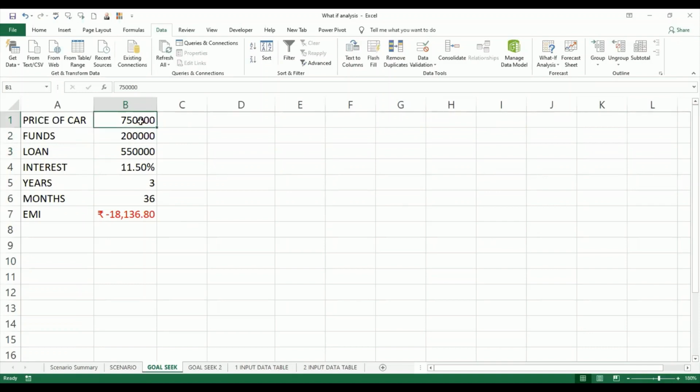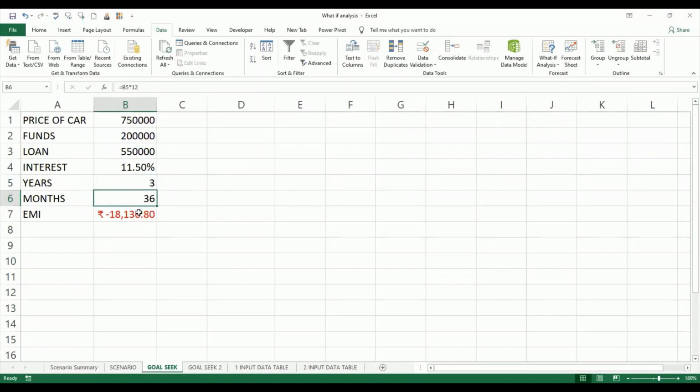Here there is a formula, where the price of the car is subtracted from the funds that I have. After that, interest. After interest, duration, how many years? Again, the years are divided into months because we pay EMIs monthly.